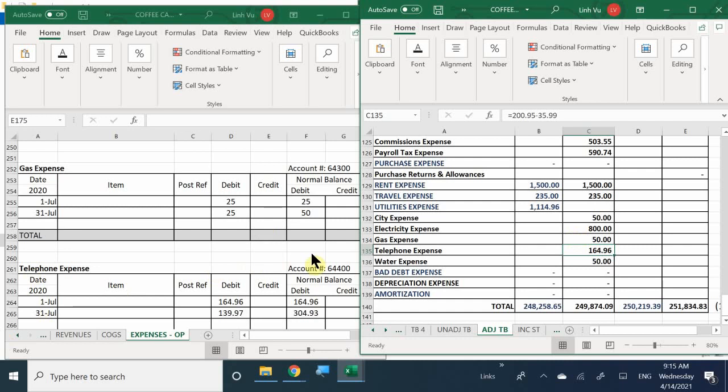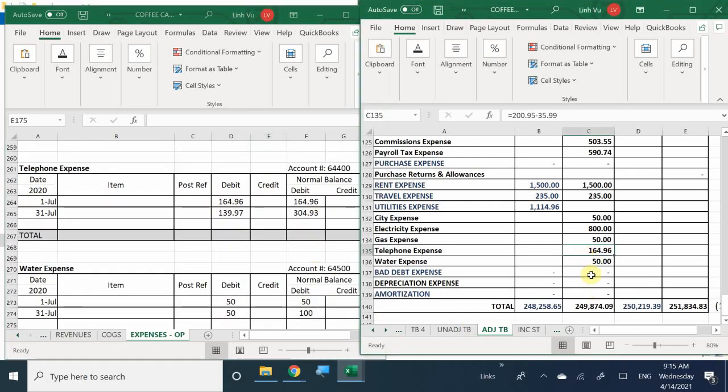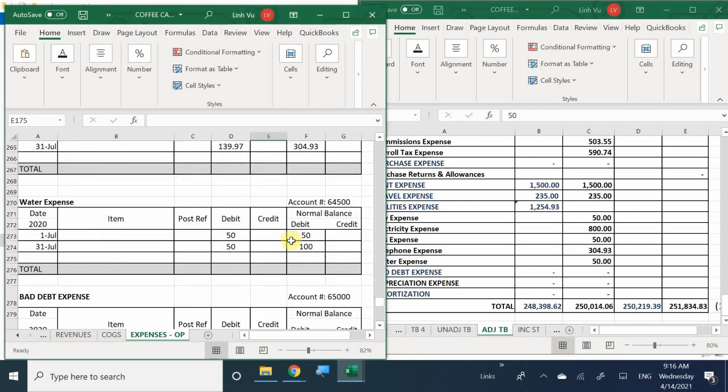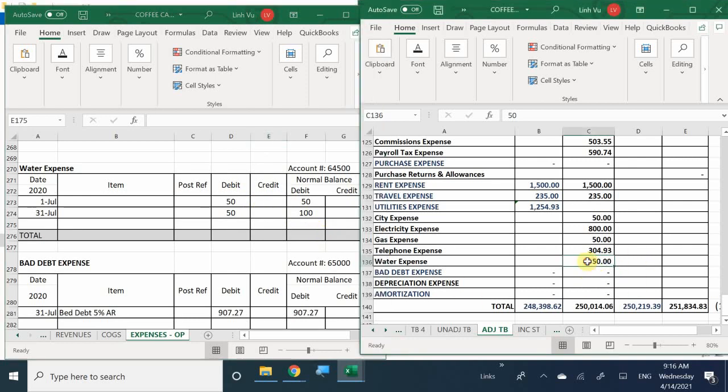Okay. I've also received my telephone bill. How much is that now? 304.93. And then we also got our water bill. How much is my water expense? 100. Okay.